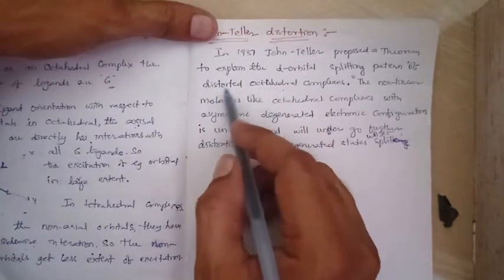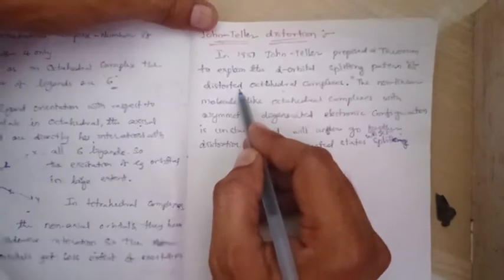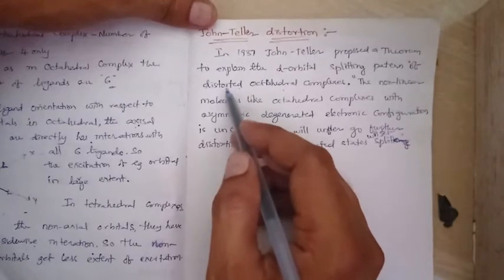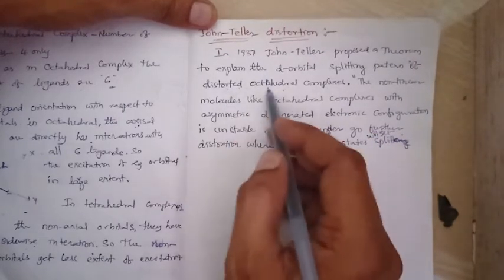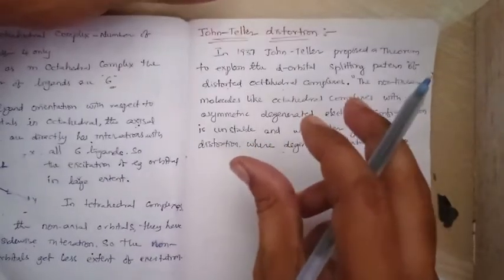Actually the meaning of distorted is altering the structure. Distorted octahedral is nothing but an altered octahedral structure, right? So here the octahedral may deviate slightly.